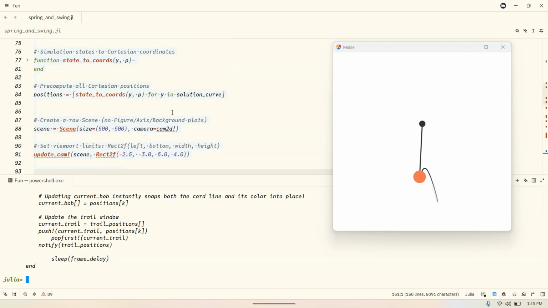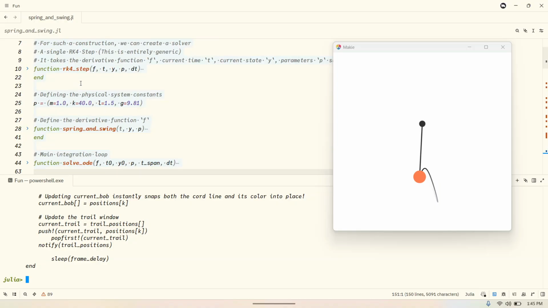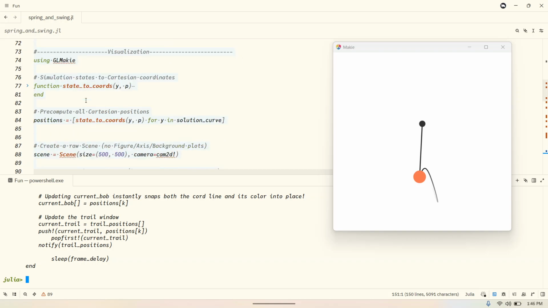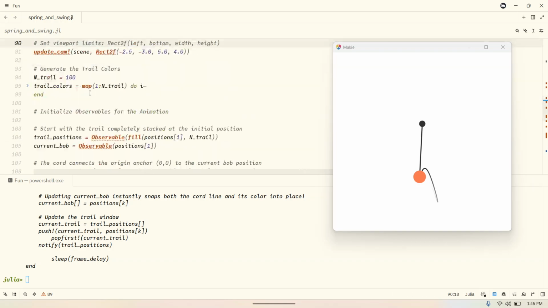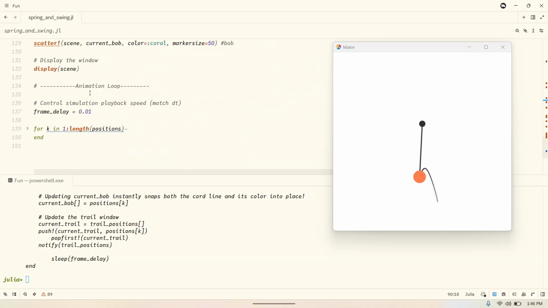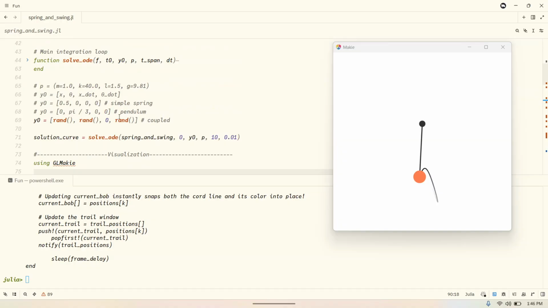Let's actually see what happens if we give it a huge kick. I just want to see what happens. How chaotic is it? Let's say, I don't know, 10.